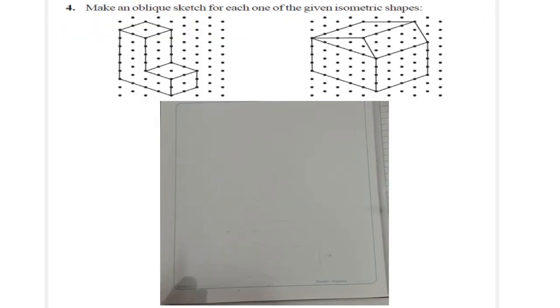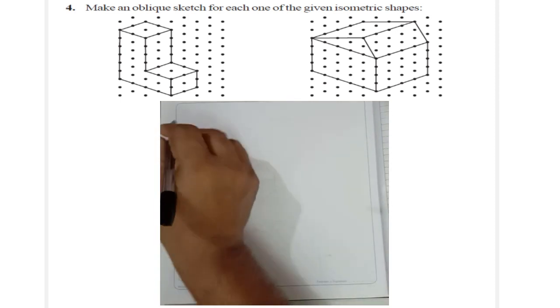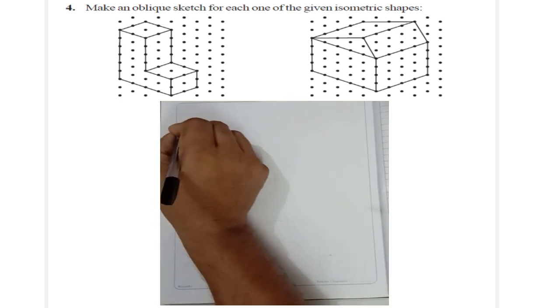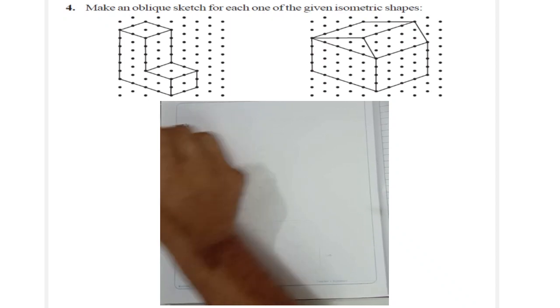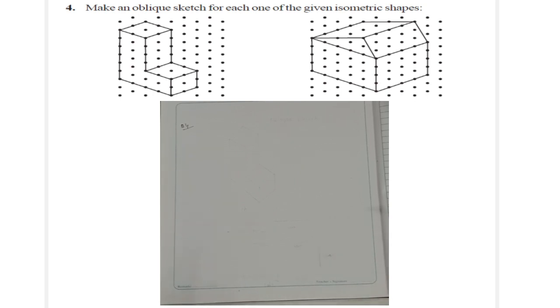Now come to question number 4. Make an oblique sketch for each one of the given isometric shapes. So let us take a plane page. Here you have to draw an oblique sketch of the given isometric shapes.